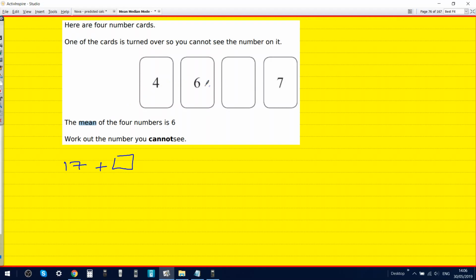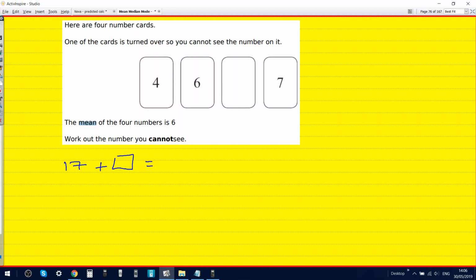So what do they have to add up to? Right now they add up to 17. And the 4 of them have to end up with a mean of 6. So what total would give you a mean of 6? Would it be 4 times 6?